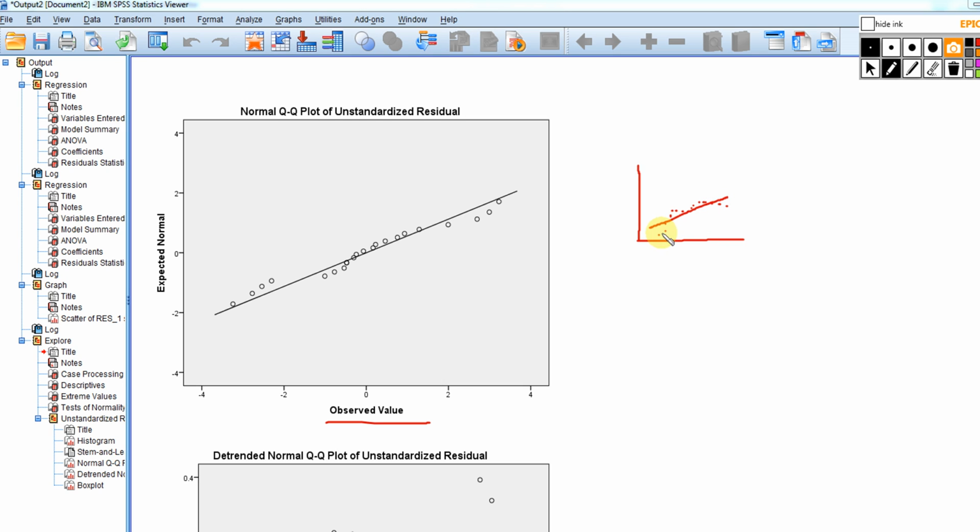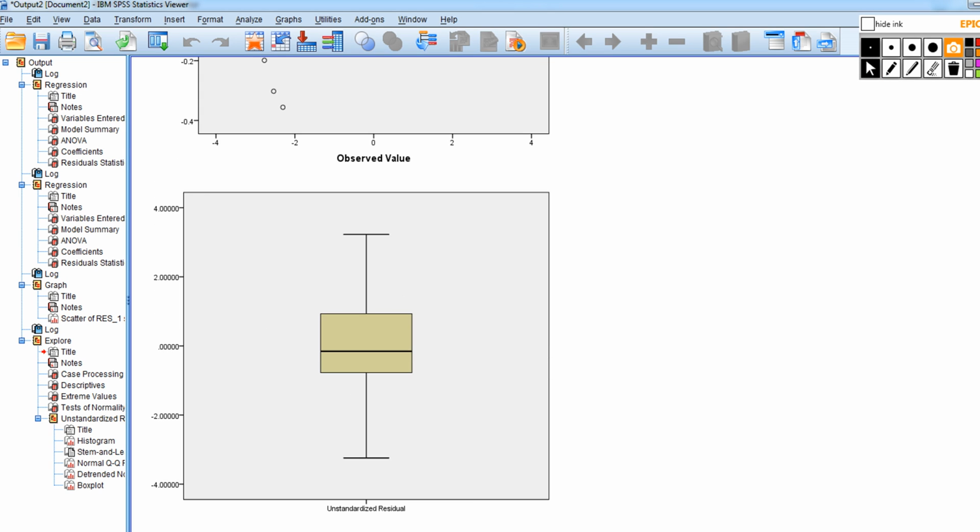You also have a box plot of the residuals. In terms of interpreting the box plot, these edges right here represent the 75th and the 25th percentiles on the residuals. So essentially, it represents the middle 50% of the distribution.